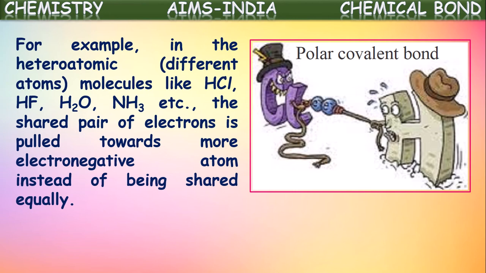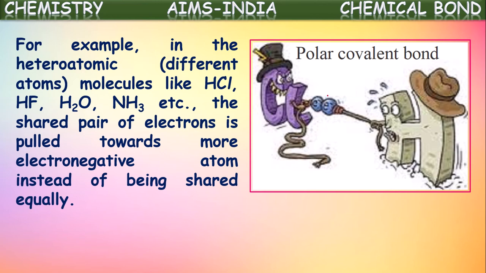Here in this bond formation, chlorine and hydrogen both are contributing one electron. But instead of sharing this pair of electrons equally, the pair of electrons is pulled towards chlorine more because of the high electronegativity of chlorine.